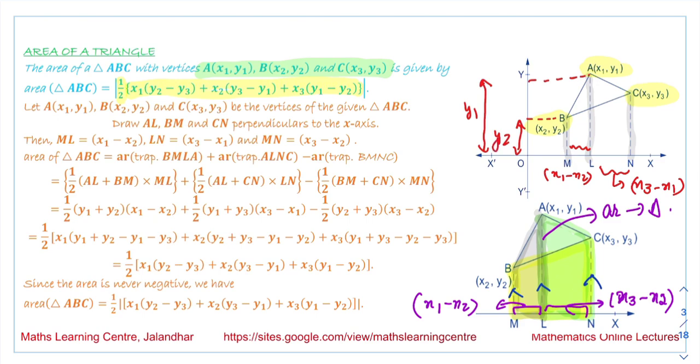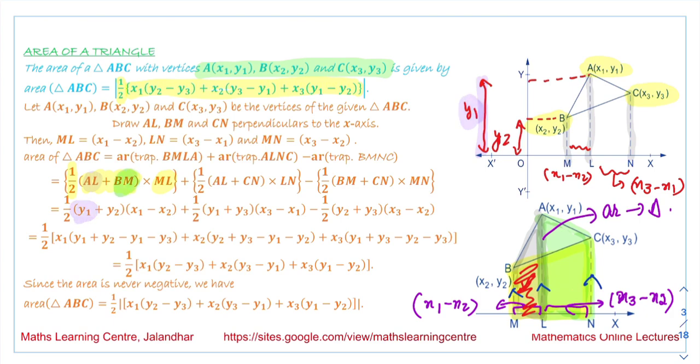So for the first trapezium, BMLA, the formula for the area will be half the sum of the two parallel sides into height. The sum of the two parallel sides: AL, this value is y1.